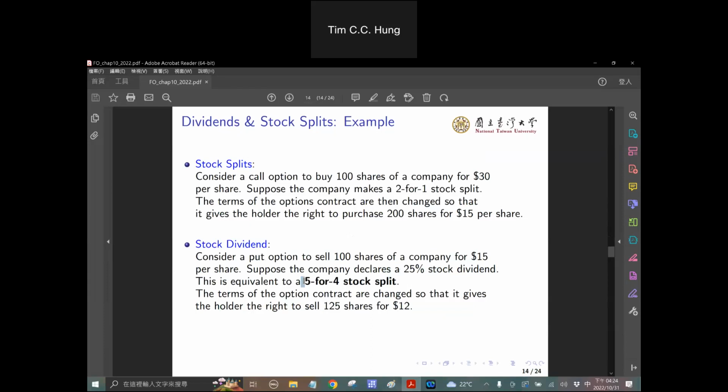So this is equivalent to a 5-for-4 stock split. So afterwards, you have the right to sell 125 shares for $12. 125 shares because we now go from 100 shares to 125 shares, and for each share, the price goes down from $15 to $12. Does that make sense? Okay.